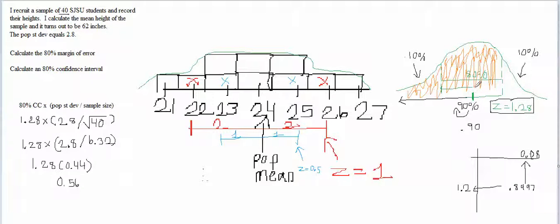The distance from that population mean to the boundaries of the middle 80% of the possible samples that we're drawing from is a distance of 0.56. So that is our 80% margin of error.